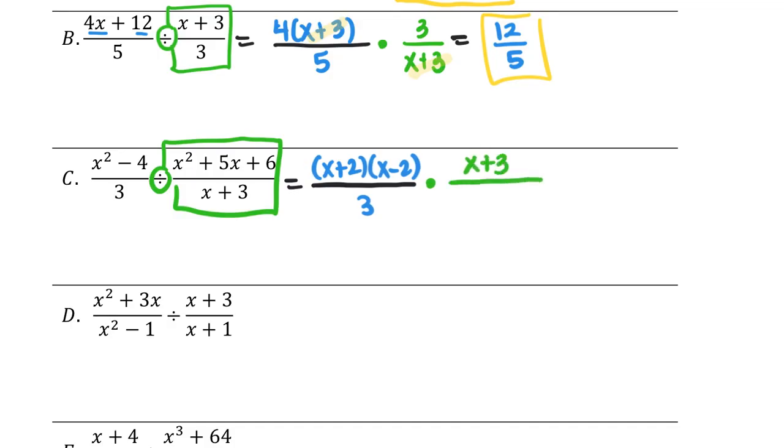I'm going to go ahead and factor the x squared plus 5x plus 6 at the same time. So that's x times x to get x squared, 3 times 2 to get 6 and add up to 5, positive, positive. Let's see what cancels. 1 here, 1 here. So I am left with x minus 2 in the numerator, and then I have a 3 in the denominator.